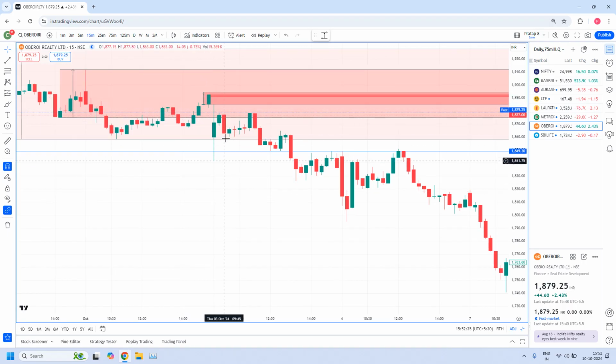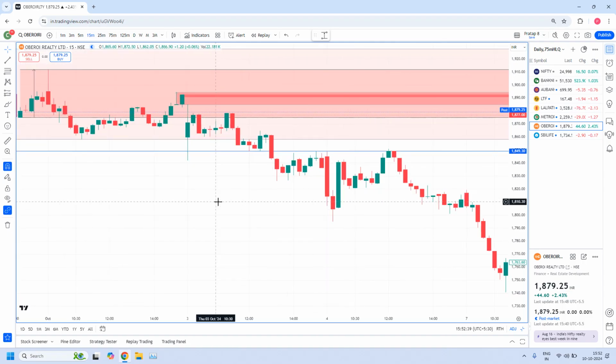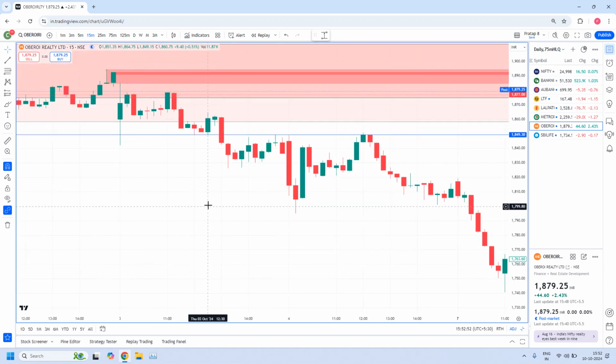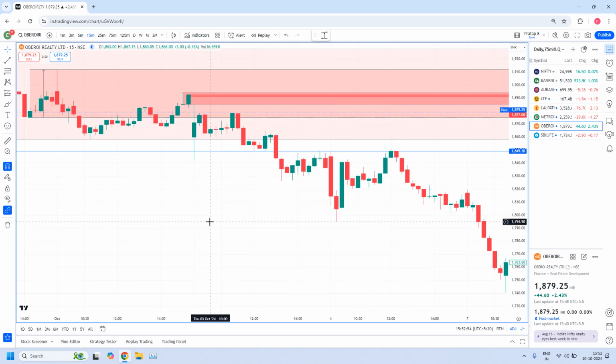So always remember, many times these hidden zones work very well, because institutions create the zones this way to protect from normal supply demand zone traders. Many of these traders are not aware of these hidden zone or hidden body concepts.